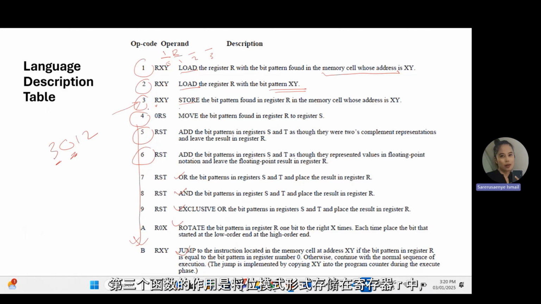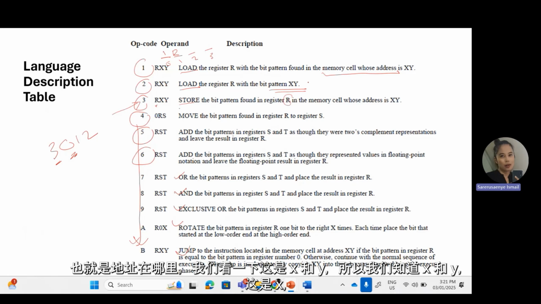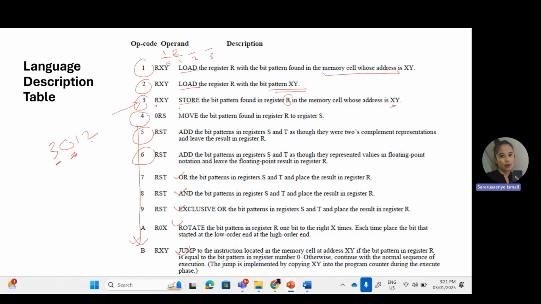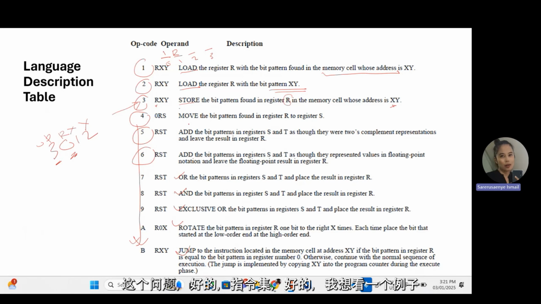So you will say that number 3's function is to store the bit pattern from register R. We know R here is 0, so whatever value is in register 0, we're going to store it. Where's the address? We look at XY, this is the X and this is the Y. So this is our register, and this is our opcode. We're going to have a question on this instruction set.